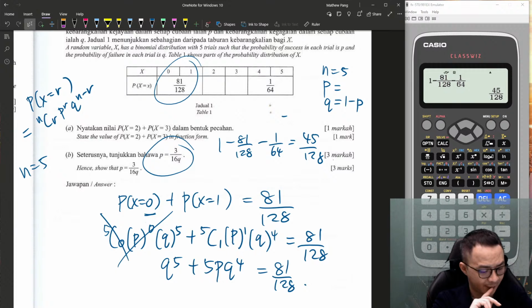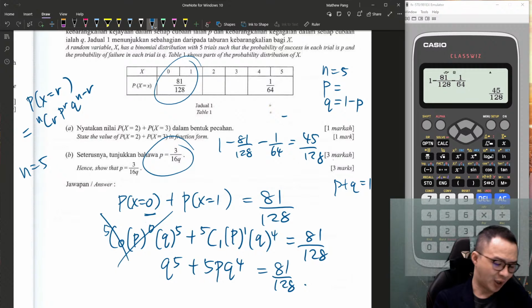5c0, p0. P0 is 1, right? Q power of 5. 5c1. If I factorize out q5, because later I should get something like p plus q equals to 1 to simplify it.